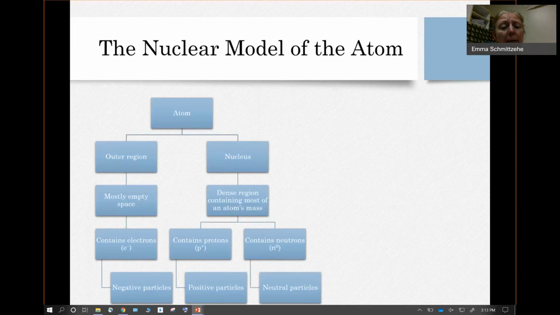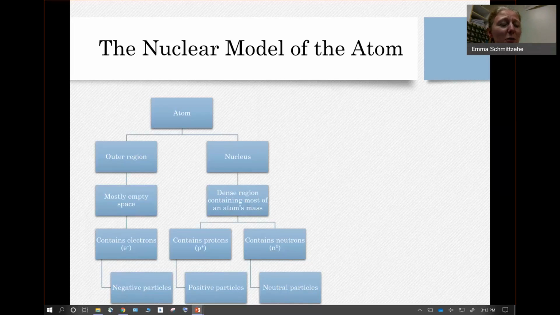Remember, I said the dense region, the nucleus, contains most of the atom's mass. Protons and neutrons have very high masses compared to electrons. Electrons take up most of the space, but they have very little mass.